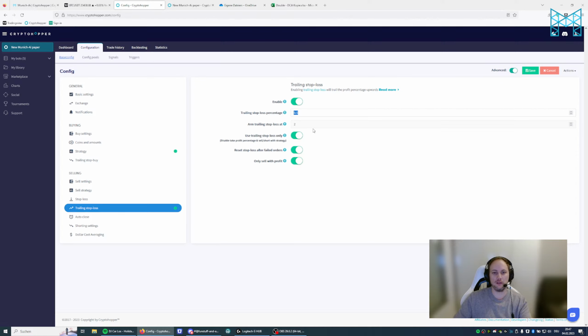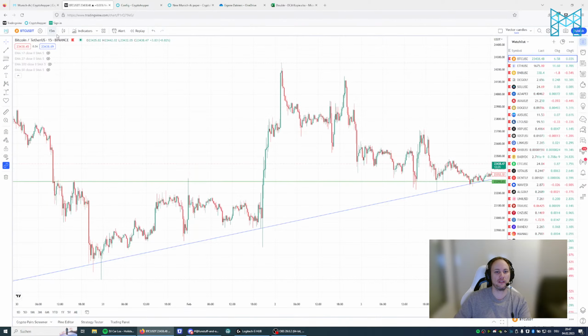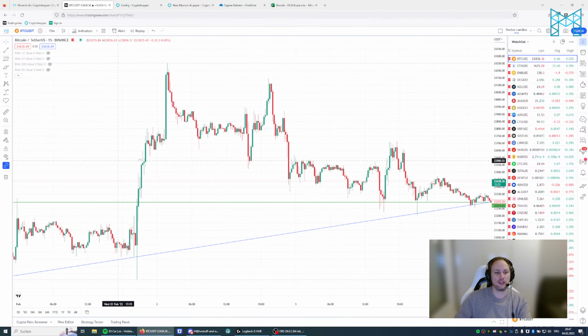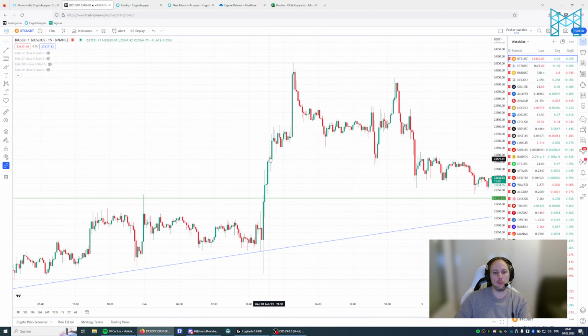I've explained this a couple of times in the past. If we have a really good push up, up, up, and this pullback is not over 0.5%, then we still stay in the trade and make more profit. This is really good for pumps and dumps to catch higher profits.